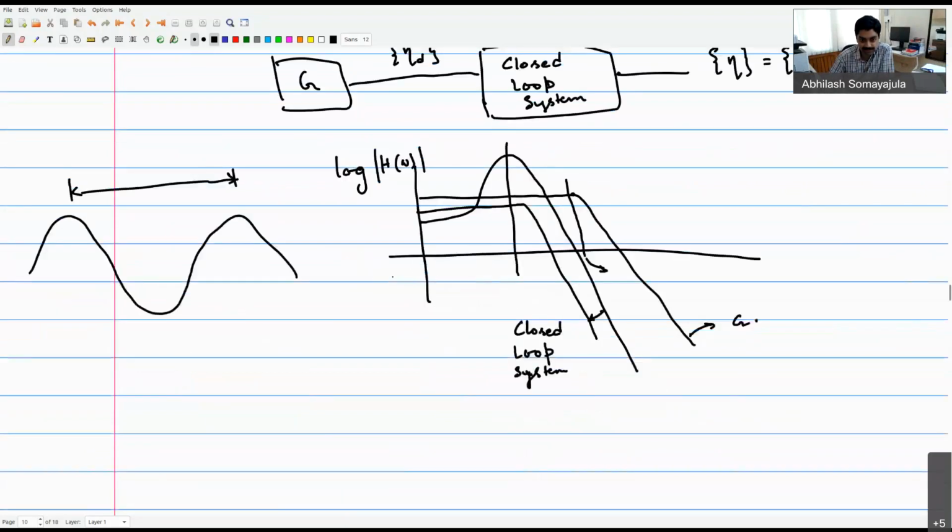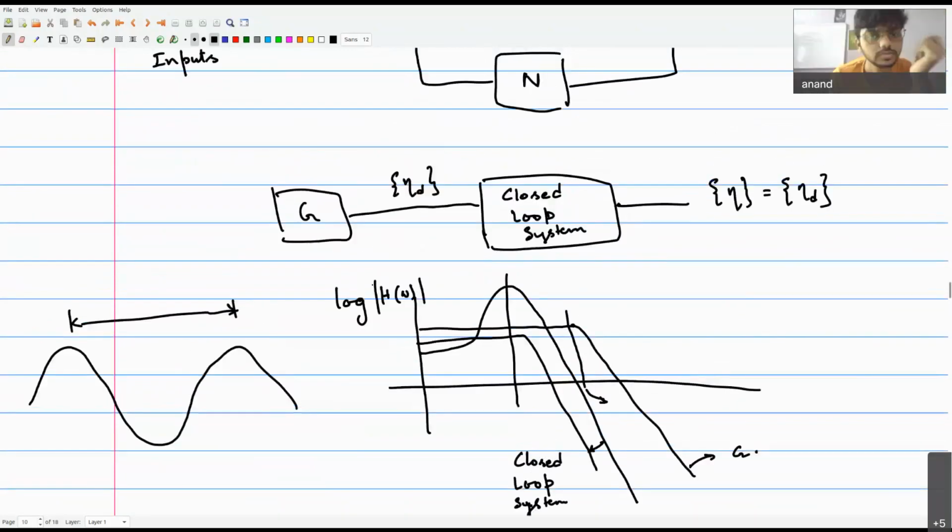Yes, sir. And all of this is relevant when you are looking at linear models, because we are talking about the frequency domain here, isn't it? All of this goes out of the window the moment I start putting non-linearities into my system, which is why nonlinear control is a harder subject to follow up. Right? It is difficult to prove stability in those cases.